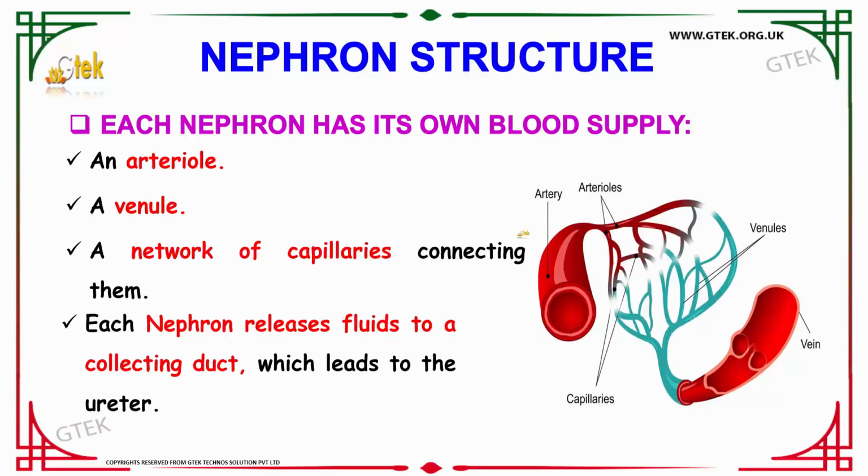Whereas the small capillaries of veins to which your filtered blood enters are your venules, which combine to form the vein. There is a network of capillaries which are connecting them, that are your arterioles and venules. Each nephron releases the fluids into a collecting duct, which leads to a ureter.